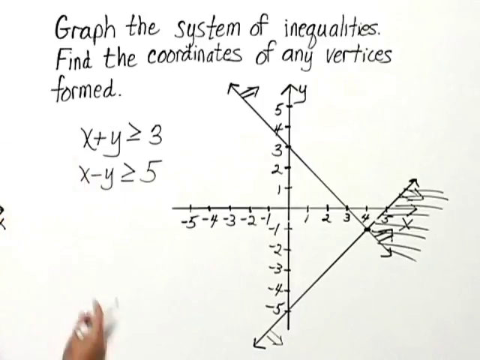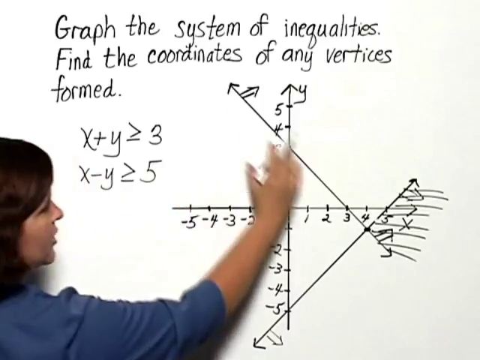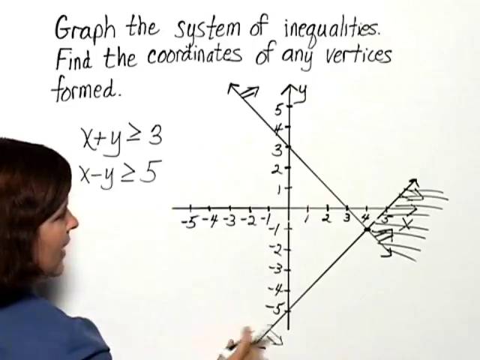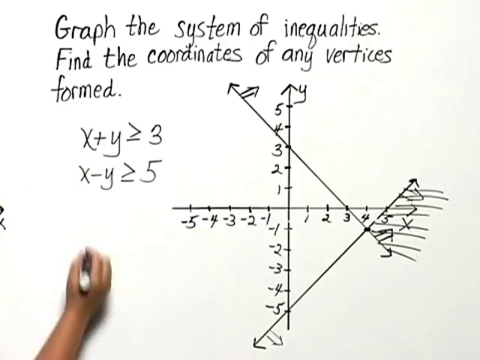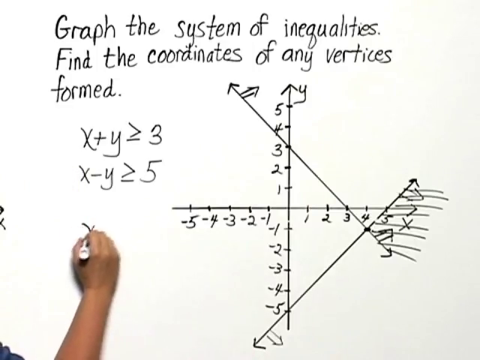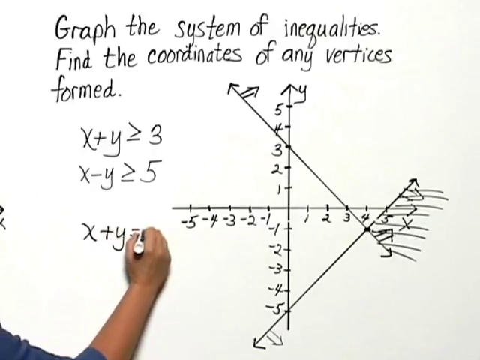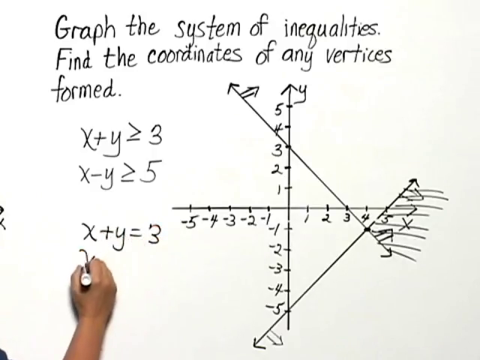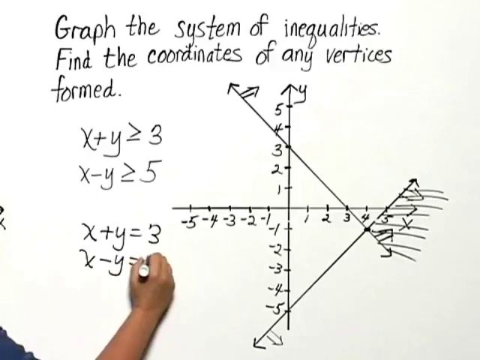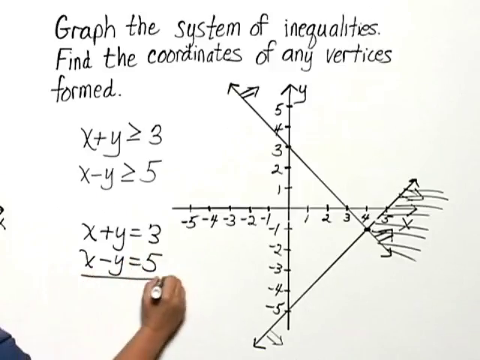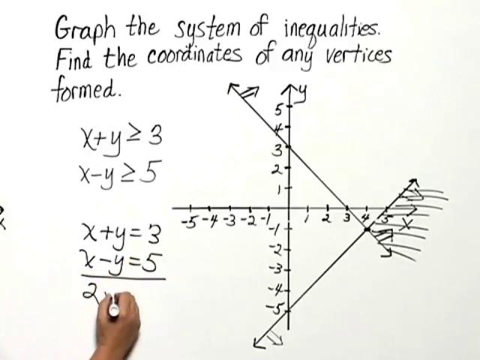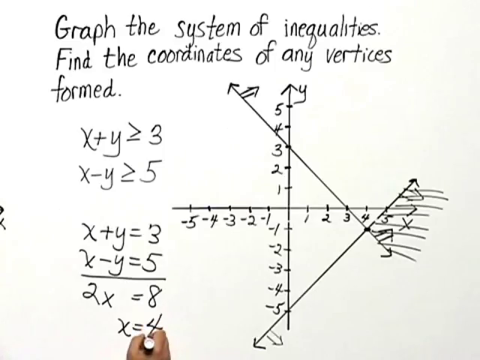But to find it exactly, we take the equation for this line and the equation for this line, and solve a system of equations. In other words, we solve x plus y equals 3, x minus y equals 5. Adding, we get 2x plus 0 equals 8, or x equals 4.